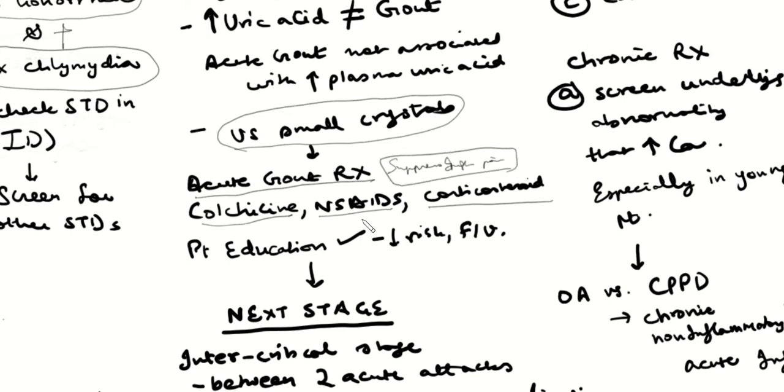All this does is suppress the pain. For more on these drugs, check the pharmacology section. But essentially, colchicine prevents the migration of the leukocytes into the joints. NSAIDs decrease the inflammation. Corticosteroids decrease the inflammation.